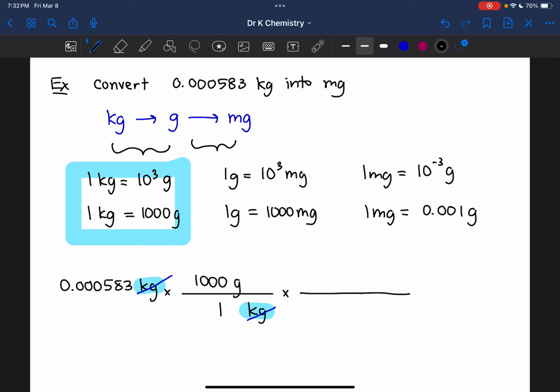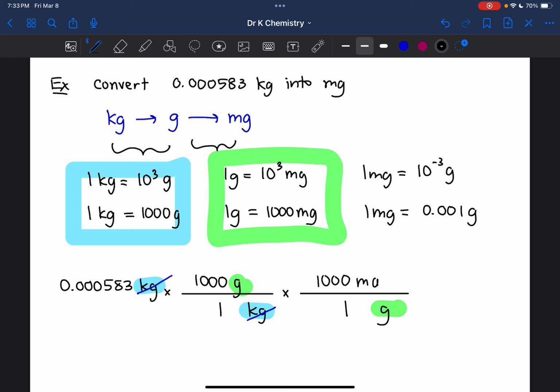The next thing I'm going to do is take the grams into milligrams. And now we have a couple of options. We could use the version on the left or the version on the right. Let's try the one on the left first. Since grams here are in the numerator, I'm going to have to put grams in the denominator in order for those to cancel out. And we see based on our conversion that there is 1 gram in 1,000 milligrams.